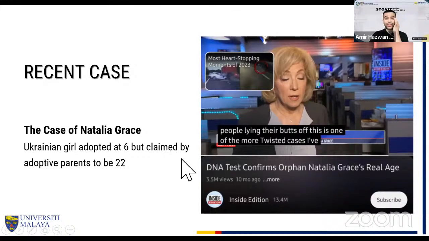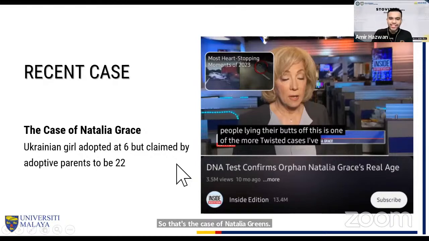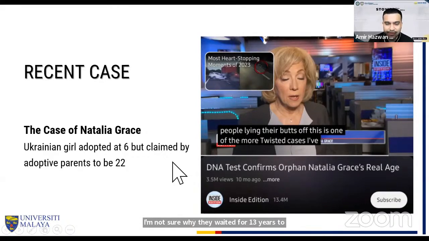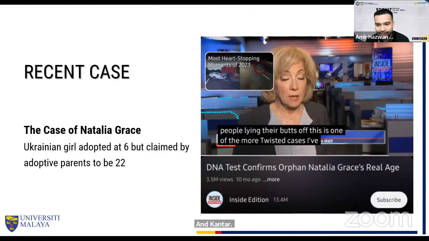Okay, so that's the case of Natalia Grace. I'm not sure why they waited 13 years to conduct a DNA test, and they even did a dental age estimation for her, and her dental age was consistent with the findings of the DNA test.